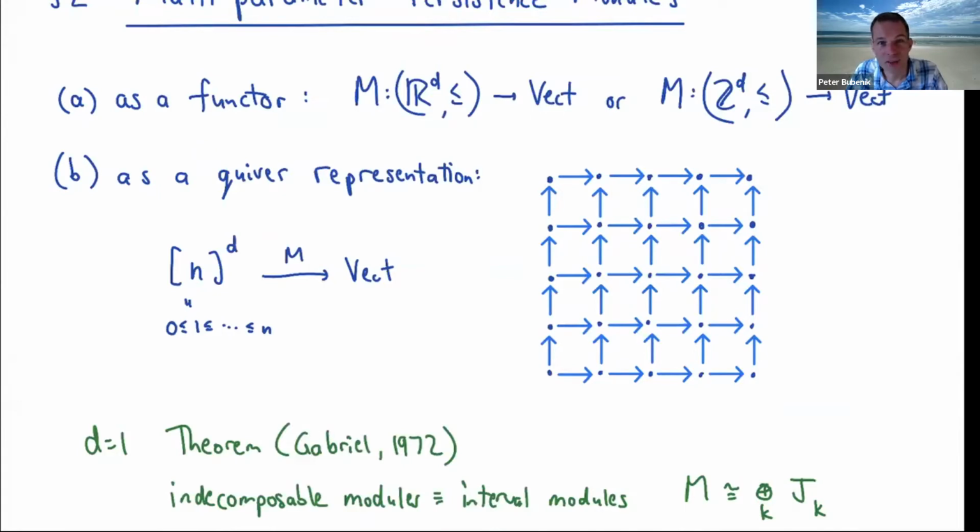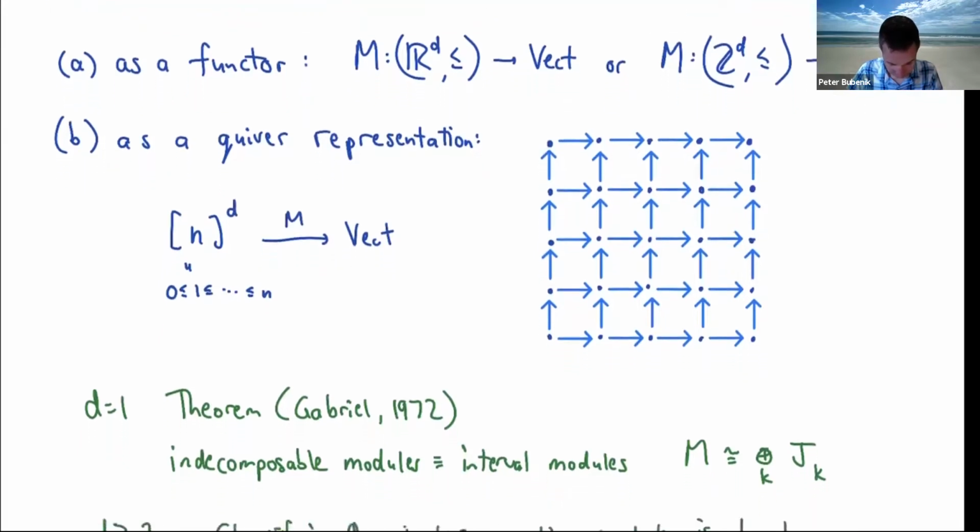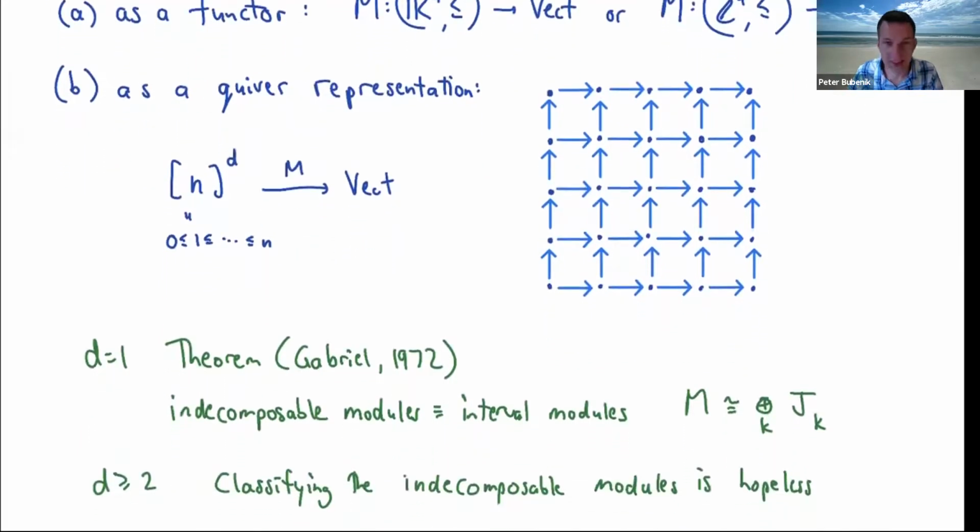So this is something that we knew, and now we realize that we just rediscovered the theorem of Gabriel. Now, unfortunately, that's the good news from representation theory. There's also bad news from representation theory, which is that representations of quivers quickly get very, very difficult.